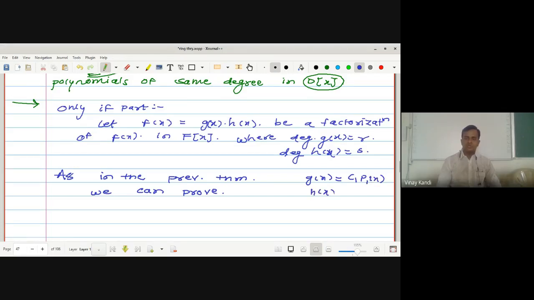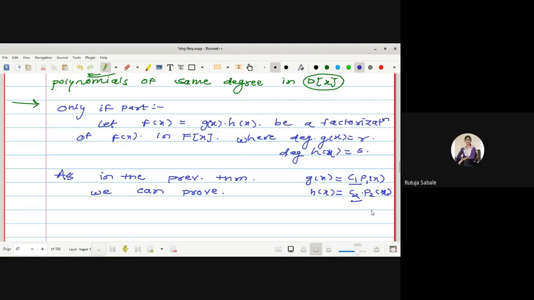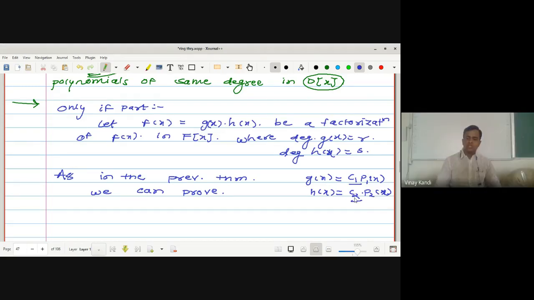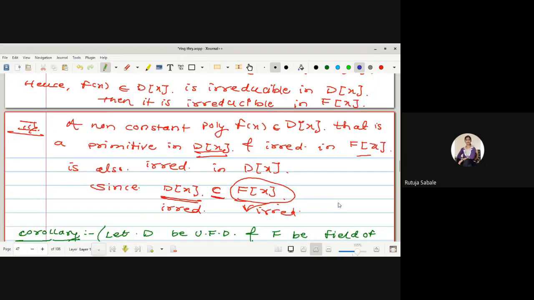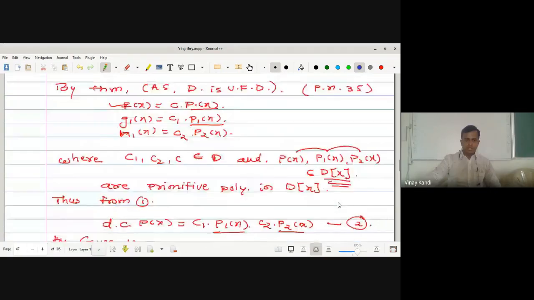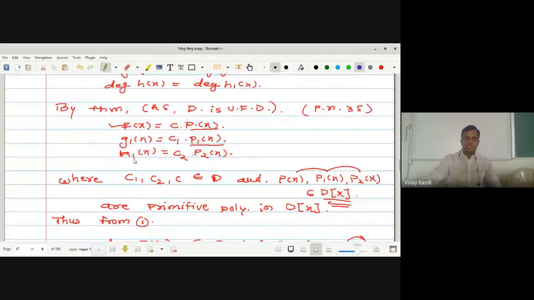Okay, and h of x is equal to काय होता तुमचा c2 into p2 of x. Okay, because this c1 and c2 are what, contents, and p1 and p2 are the primitive polynomials. Look at it, g of x is equal to c1 into p1 of x and h of x is equal to c2 into p2 of x.